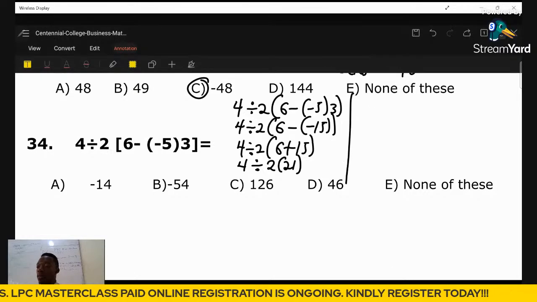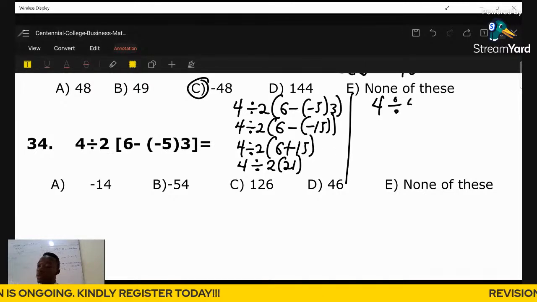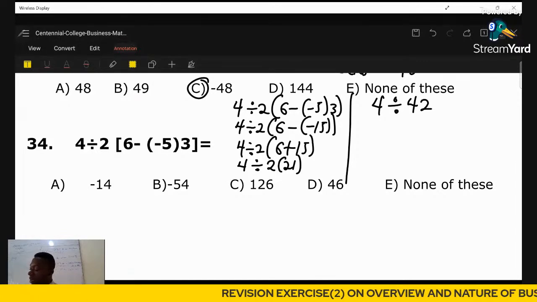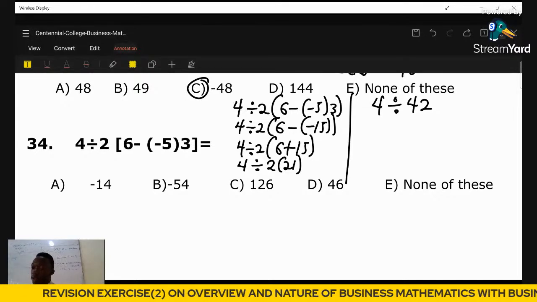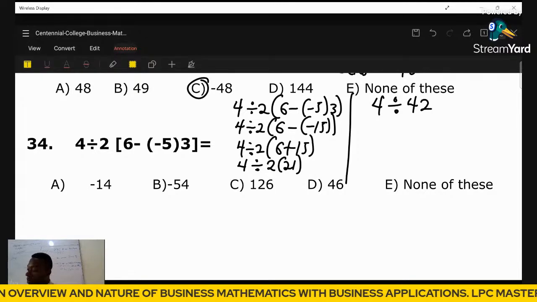Let me bring it here. We have 4 divided by, so what are we getting? 2 multiplying 21, we are getting 42, right? So 4 divided by 42, what are we getting? Let me pick my calculator and let's see if that is true.